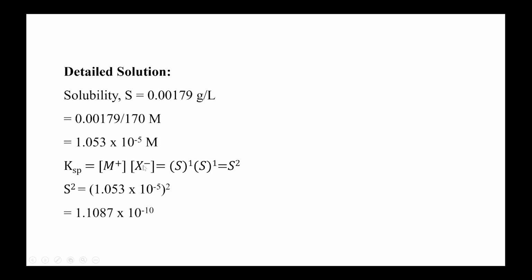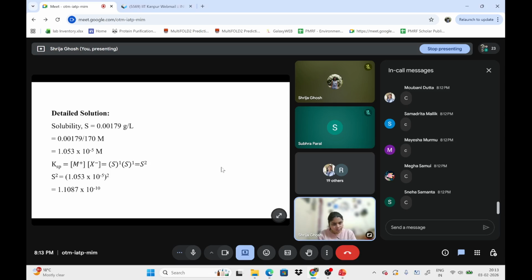Since both of them have stoichiometric coefficient 1, the power will be 1 for both, so this will be s into s, that is s squared. Now the value of s is already calculated as 1.053 into 10 raised to the power of minus 5. Now take the square of this whole thing, and you will get the answer as 1.1087 into 10 raised to the power of minus 10. I hope this is how you all have solved it.